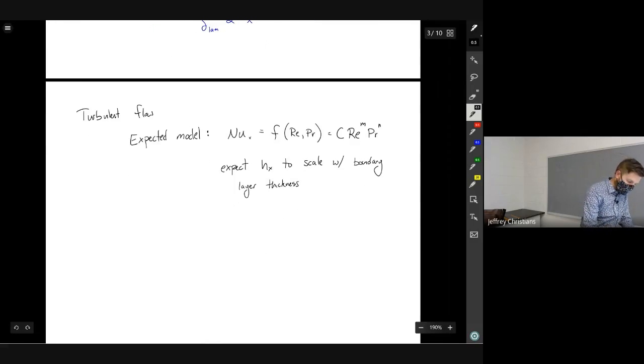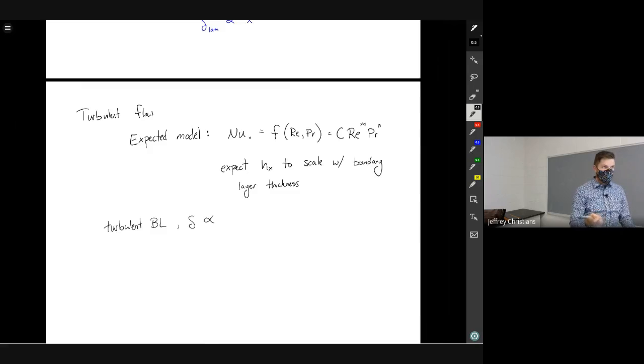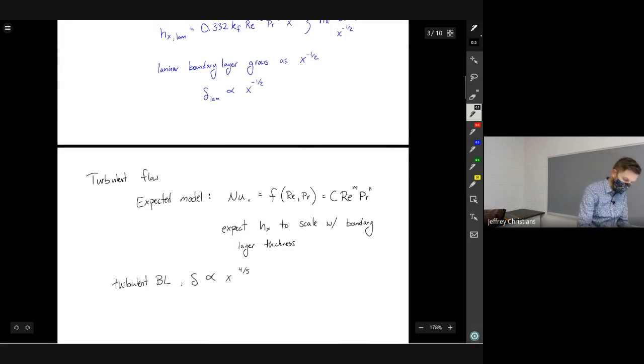So for a turbulent boundary layer, delta is proportional to x to the minus 4/5. Or sorry, not x to the minus, x to the 4/5. And the laminar one should be not x to the minus 1/2, it's just x to the 1/2. Sorry.